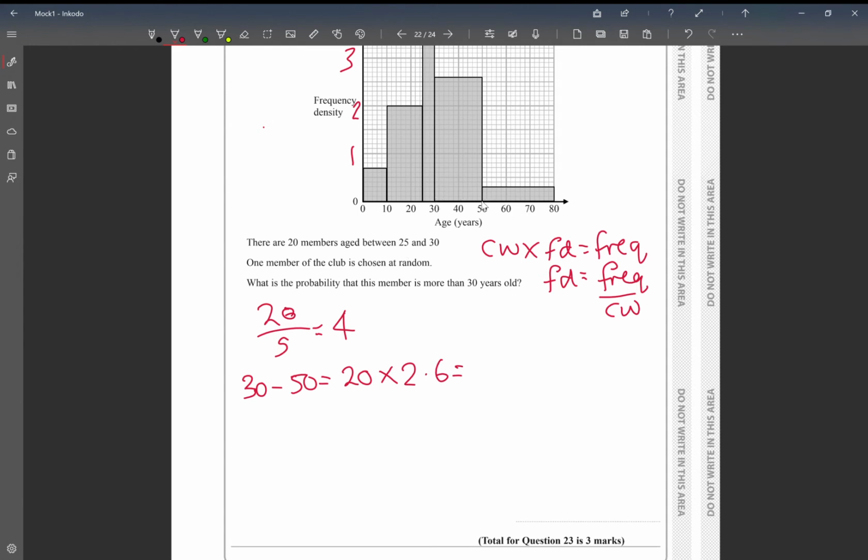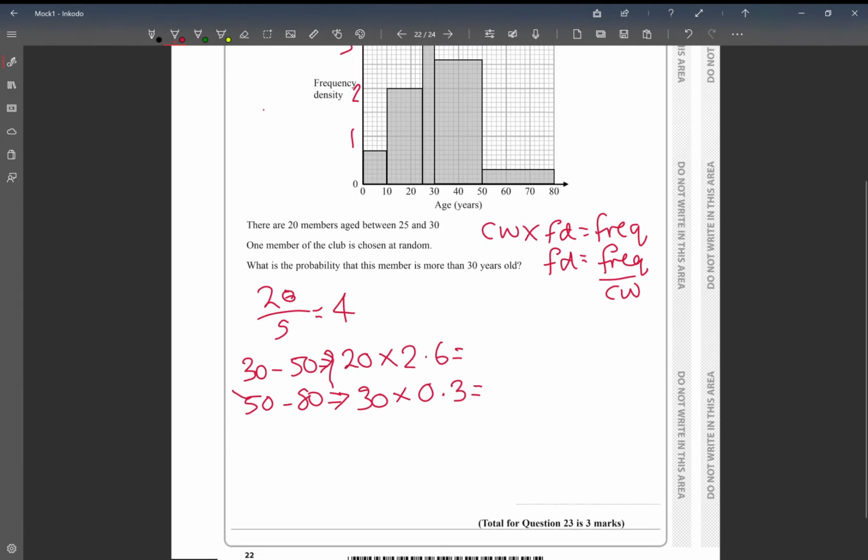And then on this one, 10, 20, 30 across, so on the range of 50 to 80, that goes to 30 width times, and if you look at this, it's 0.3. Okay, and what that will give you is the frequency of those two.